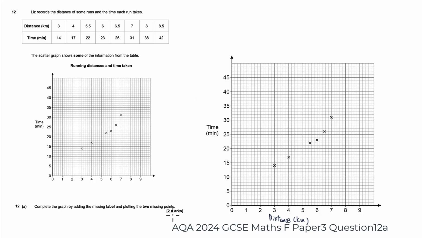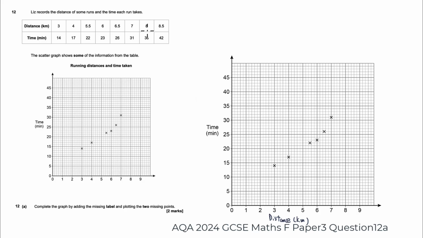And we have to plot the 2 missing points. Now we've got 2, 4, 6 altogether. 1, 2, 3, 4, 5, 6. Let's check the last one. It's 7 kilometres, 31. There's 7 kilometres, 30, and 1 square makes 31 minutes. So it's these last 2 entries in the table that we have to complete.